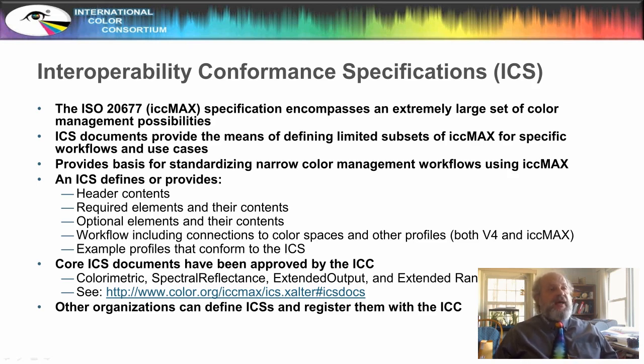Basically, an ICS provides header contents, required elements and their contents, optional elements and their contents, and workflow description, including connections to color spaces and other profiles, and example profiles that conform to the ICS. Core ICS documents have recently been approved by the ICC, being colorimetric, spectral reflectance, extended output, and extended range. The website link there gives where you can get to those documents. Other organizations can define ICSs and register them with the ICC.